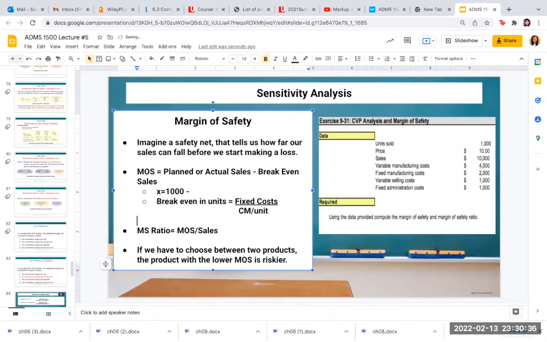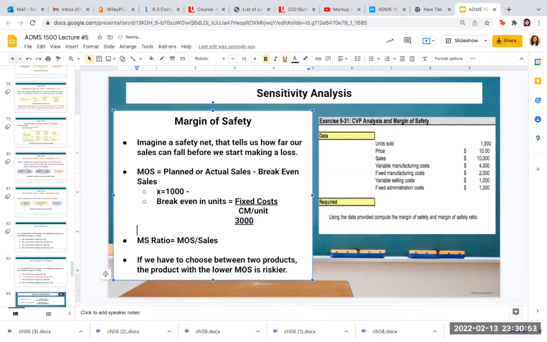So what information do we have now? We have our fixed costs, a total of 2,000 plus 1,000. So you can see where that comes from. So that gives us 3,000. And we're going to divide that by our contribution margin per unit.